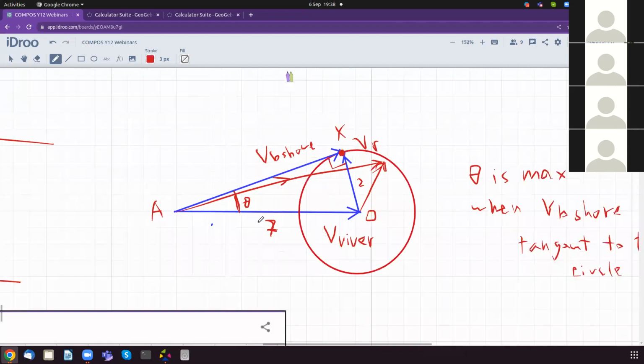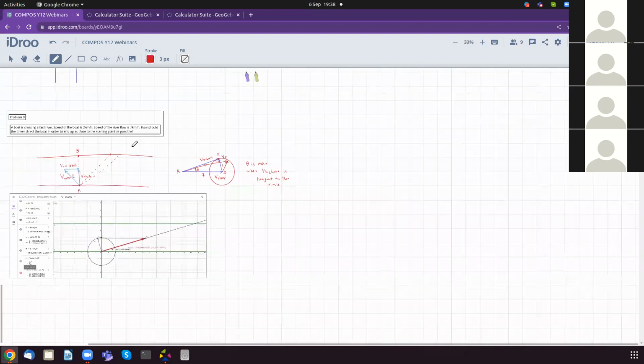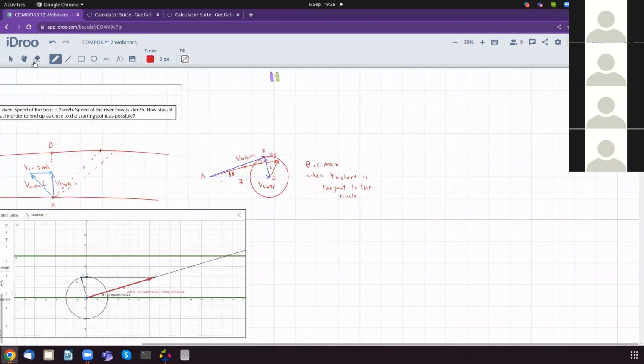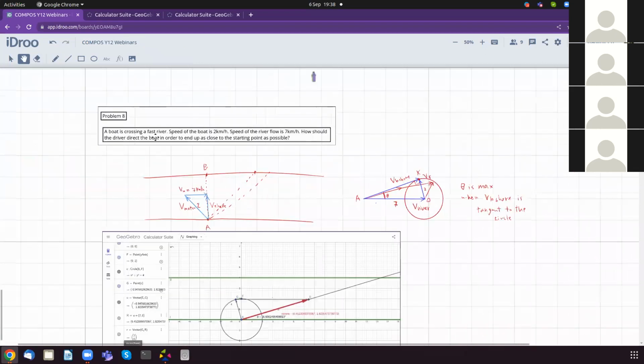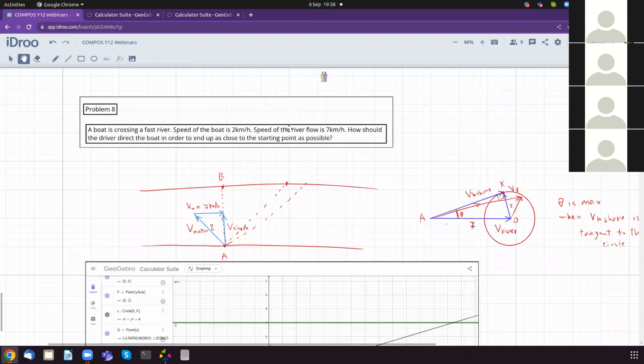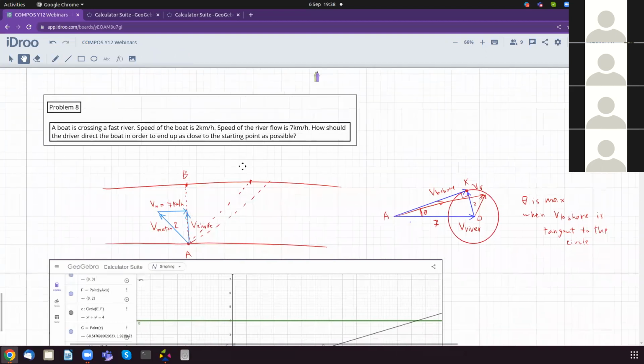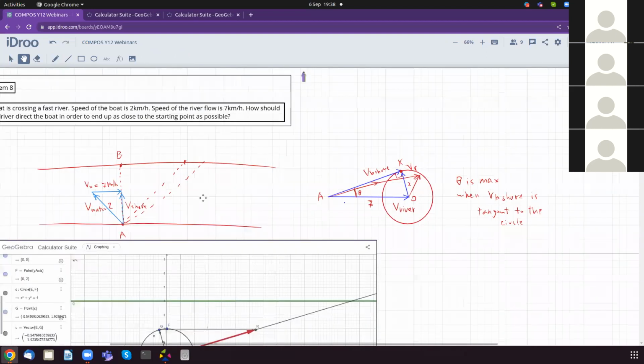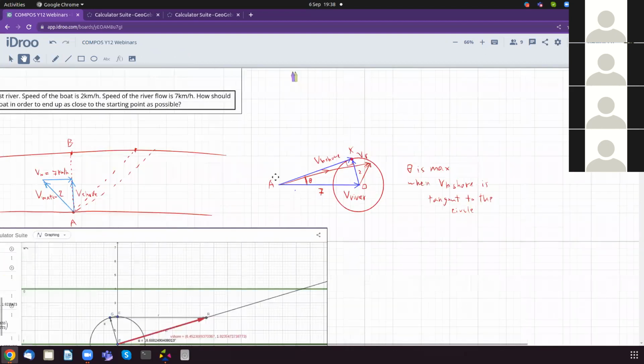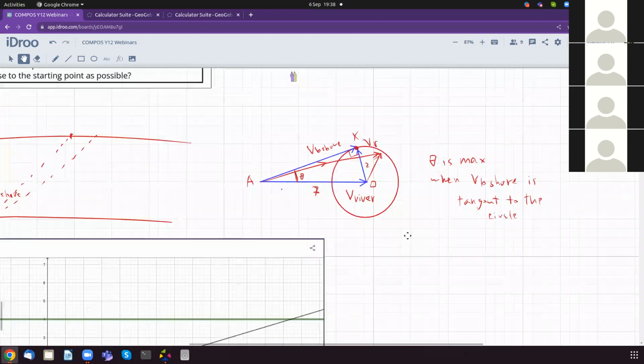The question is, what angle should the driver direct the boat? How should the driver direct the boat in order to end up as close to the starting point as possible? So, yeah. It is arc sine 2/7.